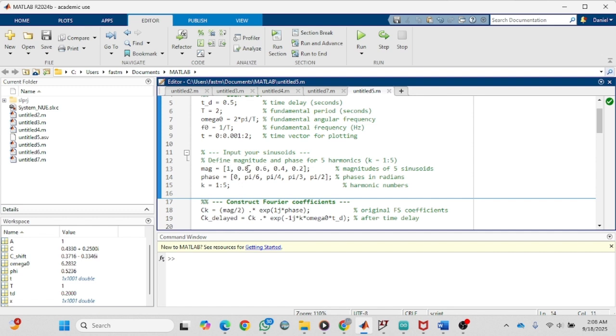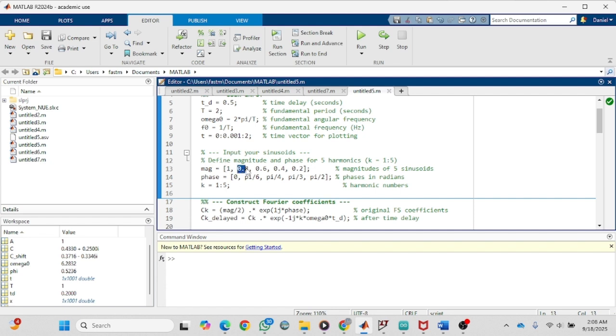And this one will be 0.8 cos omega naught t plus pi on 6, and the pattern will continue. And you're adding up all the sinusoids. Remember, it's a sum of sinusoids, each given by the magnitude and the phase of each of those. So magnitude is 1, phase is 0.